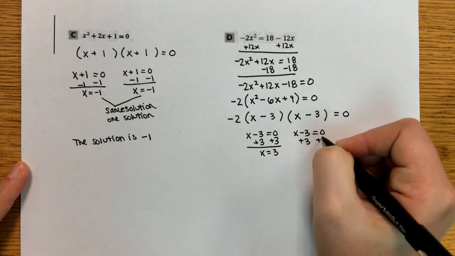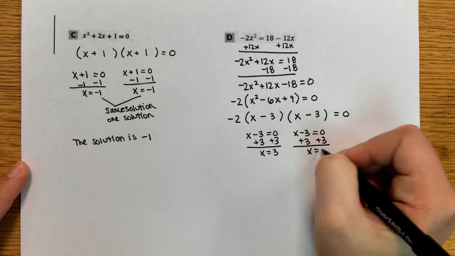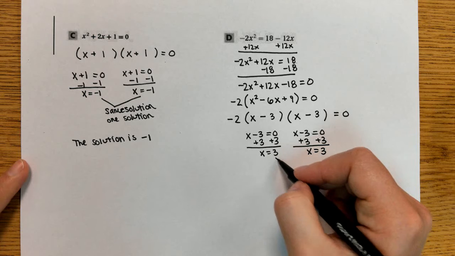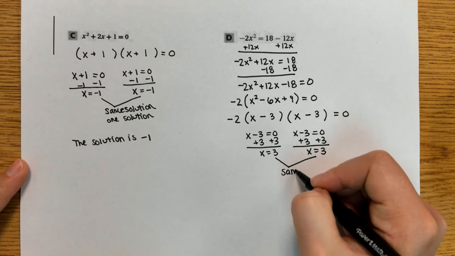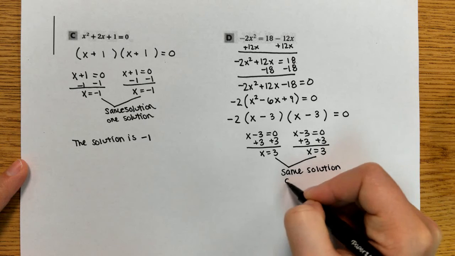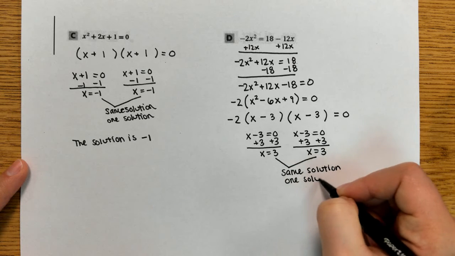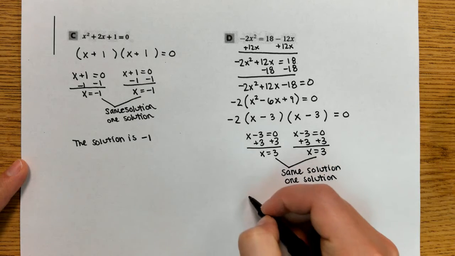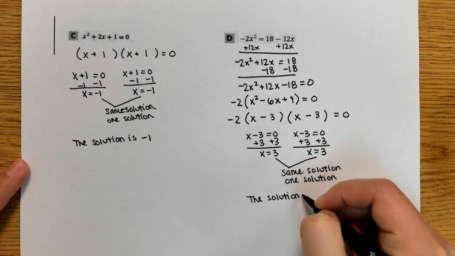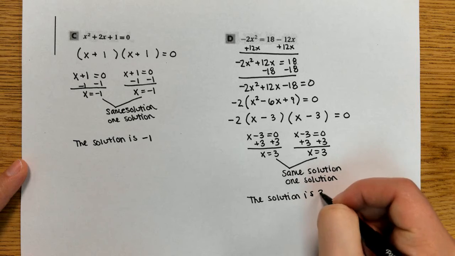Add 3 again to get x equals 3. So in this case, again, these are the same solution. So that means we are going to have one solution. So the solution is 3.